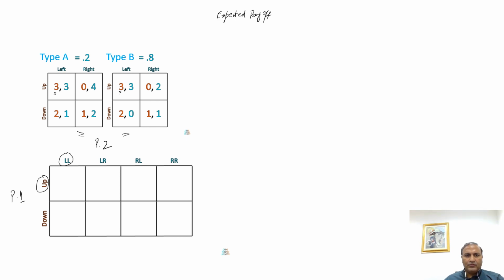Okay, and we are doing it for up and then L. So how do we get it for player number 1? It is 3 times 0.2 plus 3 times 0.8. So if we solve it, we get the answer is equal to 3. And this is for player number 1.